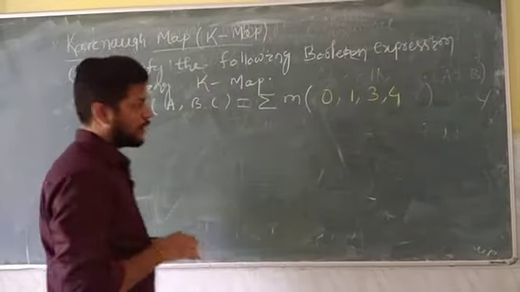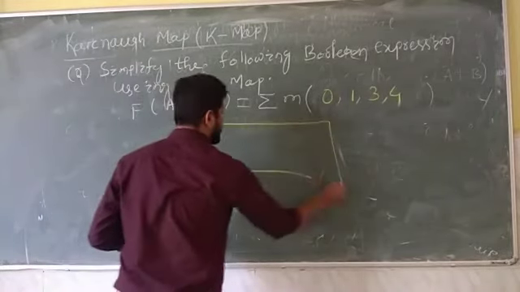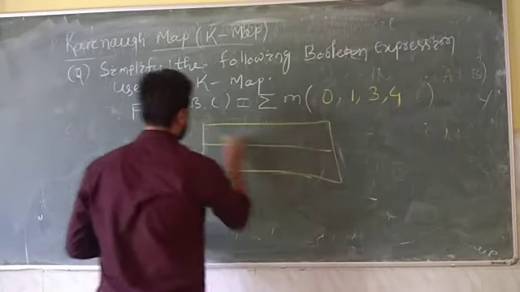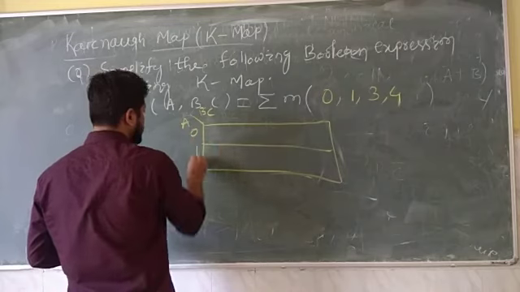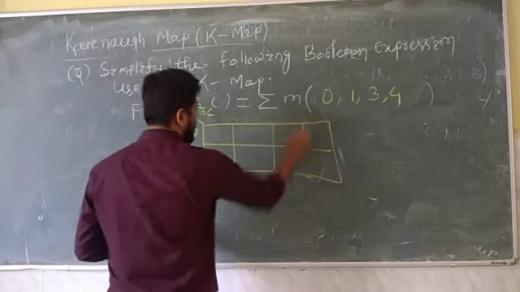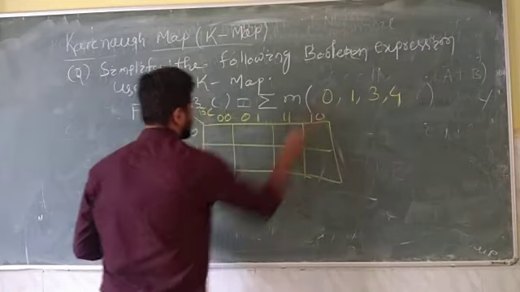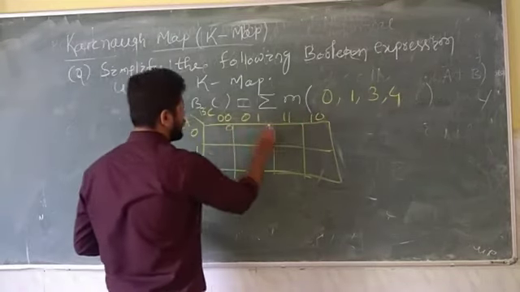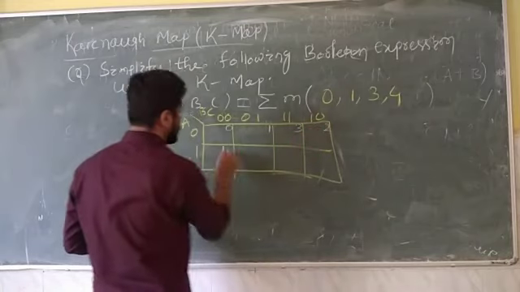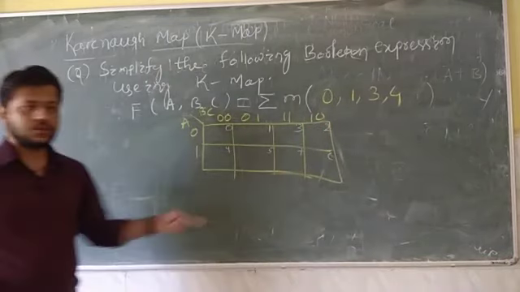So we have one expression as 0, 1, 3, 4. So then I have to draw like this. Here this is A, B, C, this is 0, this is 1, this is 00, 01, 11 and 10. So you have to write this as 0 1 3 2, then this is 4 5 7 6. This is your cell number.